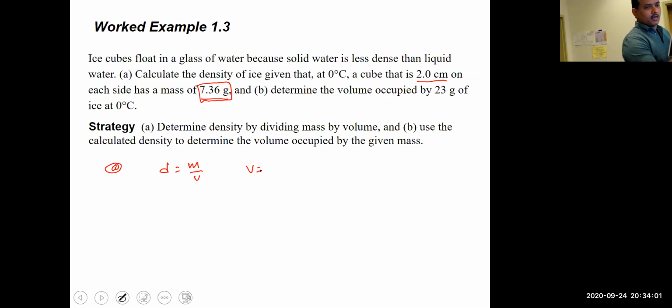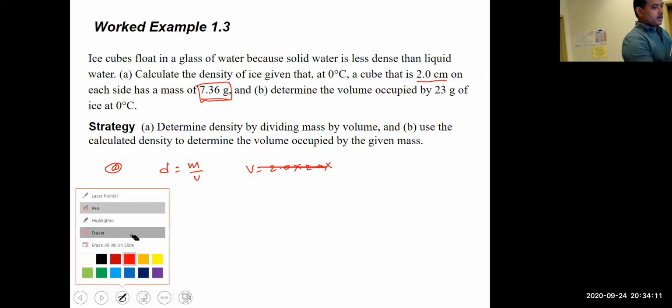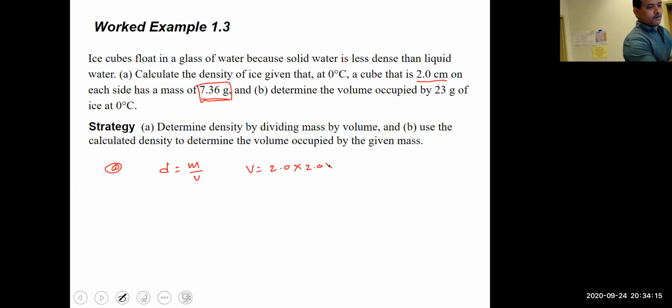Volume, you were told that it is 2 centimeters on each side. So you're going to multiply 2.0 three times, as in the case of identifying the volume by multiplying the length, width, and height of the sample. So it will be 8.0. Because you are using centimeters each time, it will be centimeter cubed, right?